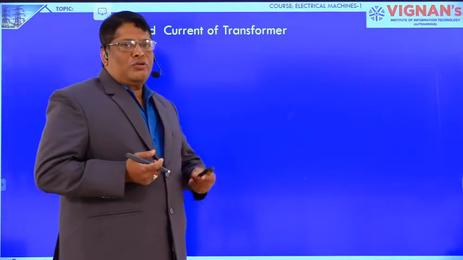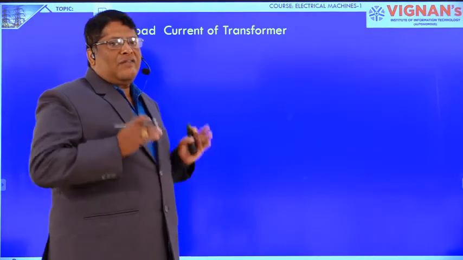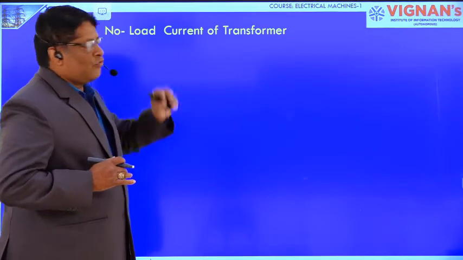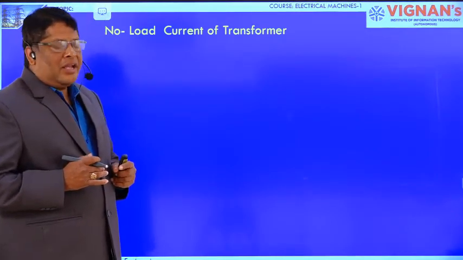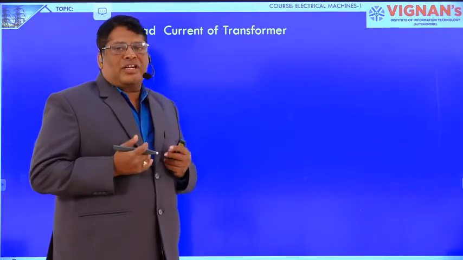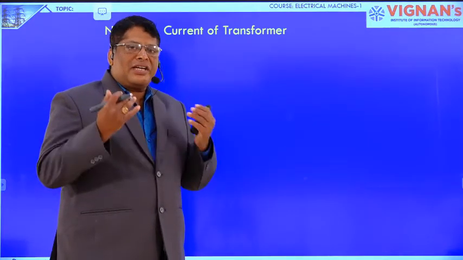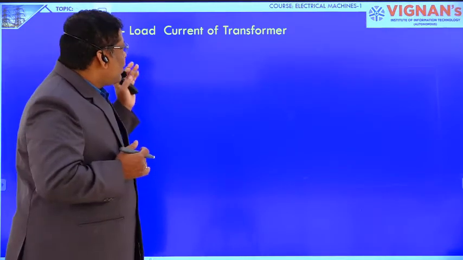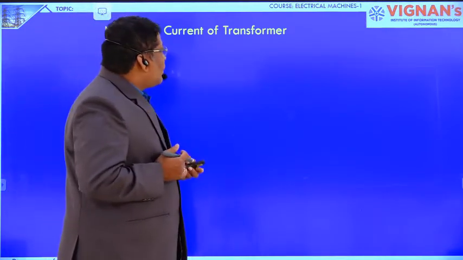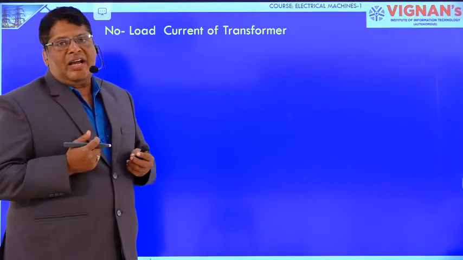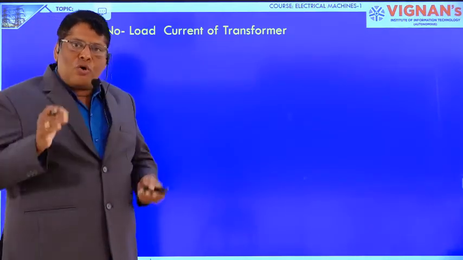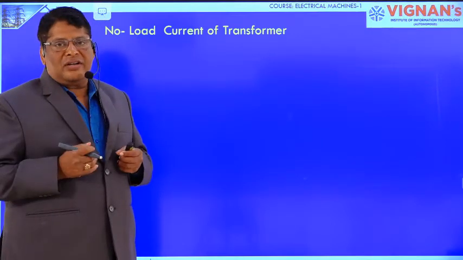Before going to this class, let me see the operation of the no load current of a transformer. That is, if you are not connecting any load across the transformer, how much current is taken by the transformer? Before entering into the no load current, let me define the ideal transformer. An ideal transformer is one where no losses occur.